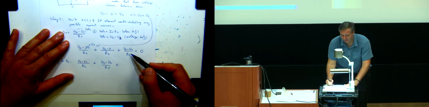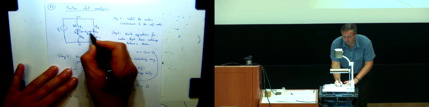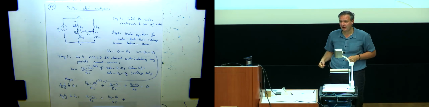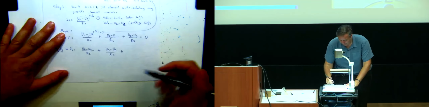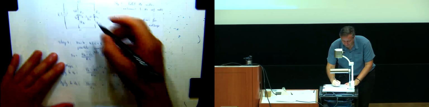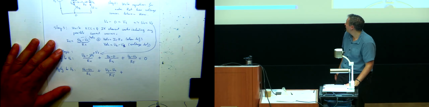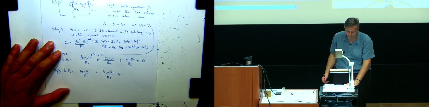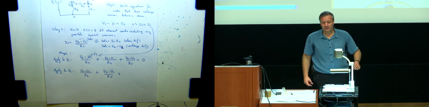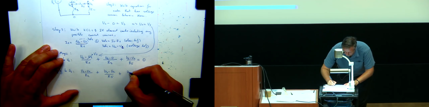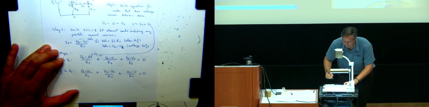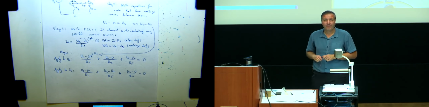And obviously it's the opposite sign because these two currents are showing in the opposite direction on the same element. Plus the last one is down. What is that? Yeah, U3 minus 0 over R4. Okay?